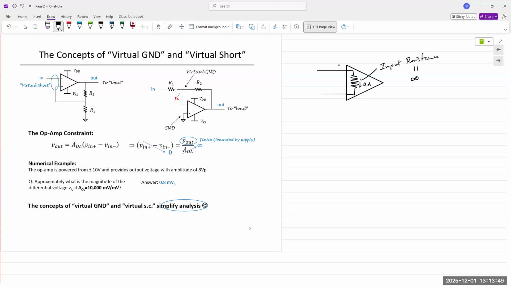Remember, one of the other properties we discussed was that in the negative feedback configuration, the output is fed back into the negative terminal. And so it's a way of forcing the op amp to have the same voltage at both terminals. So if it's same voltage at both terminals, we say it's virtually a short circuit between the two terminals. And that's where the concept of virtual short comes from.